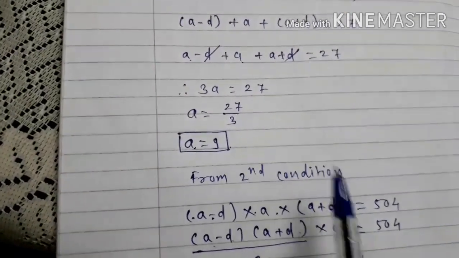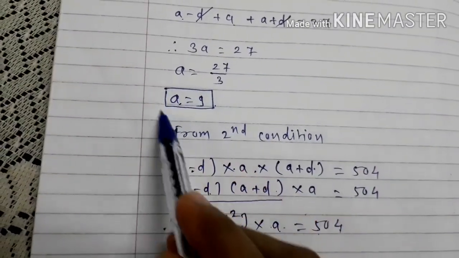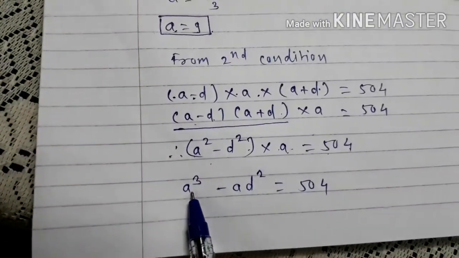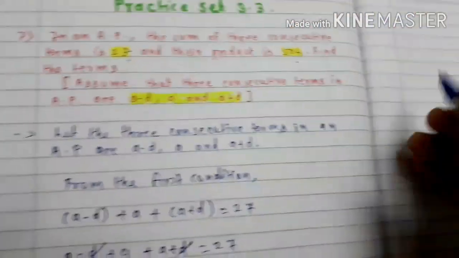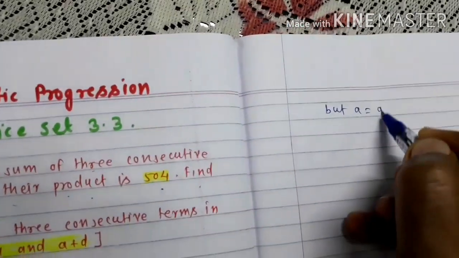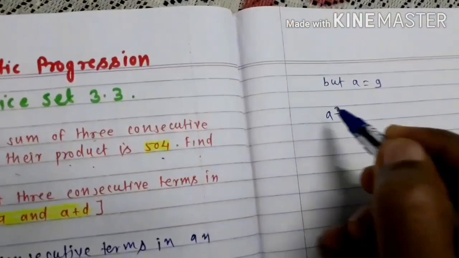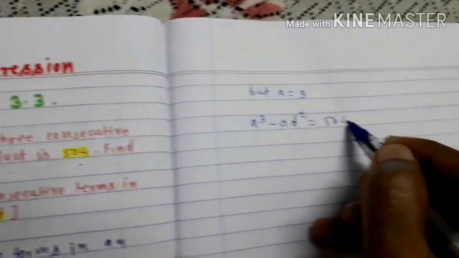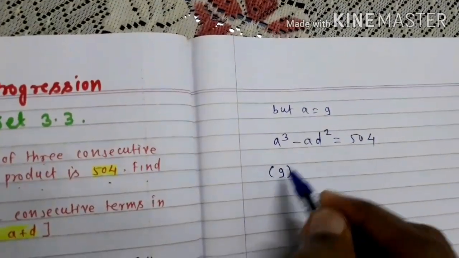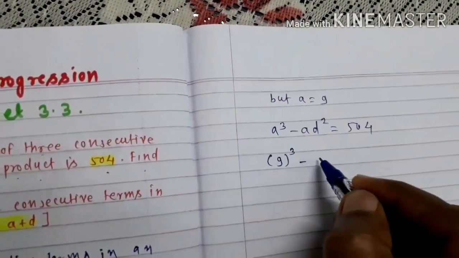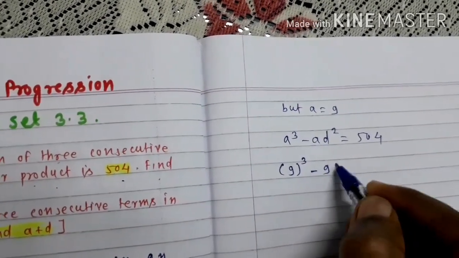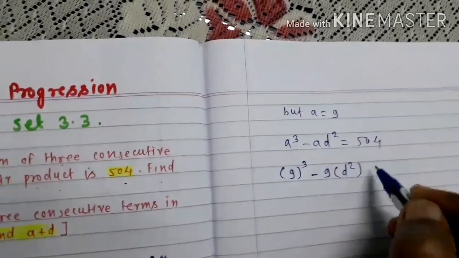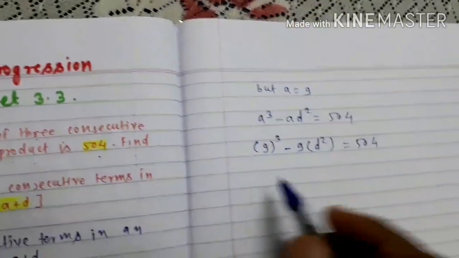Next, a is equal to 9, so substitute a is equal to 9 in here. So a cube minus a d square is equal to 504, 9 cube minus 9 d square is equal to 504.